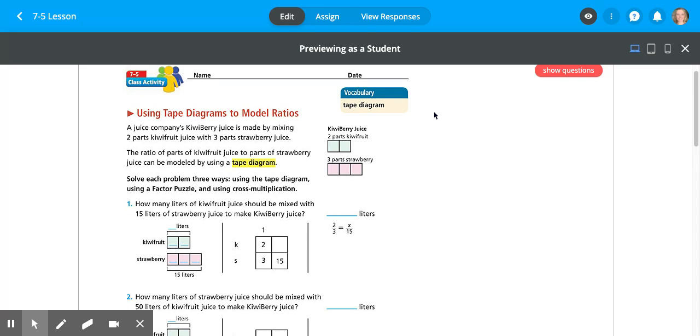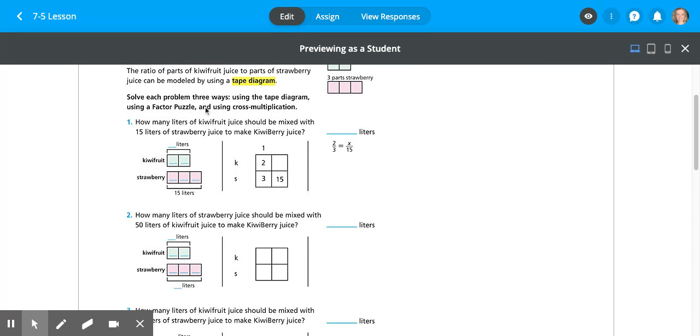So the first part says using tape diagrams to model ratios. It says a juice company's kiwi berry juice is made by mixing 2 parts kiwi fruit juice with 3 parts strawberry juice. The ratio of parts of kiwi fruit juice to parts of strawberry juice can be modeled using a tape diagram.